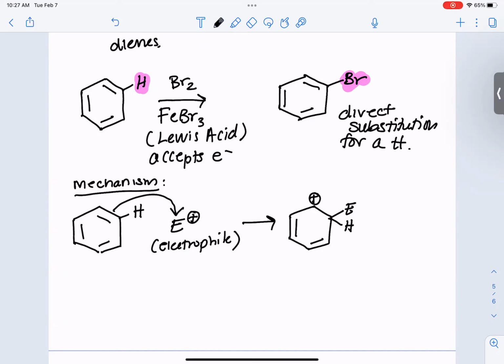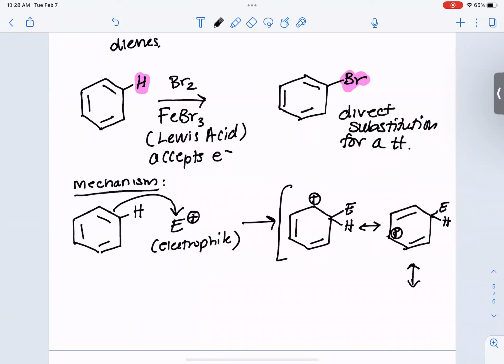I said this to you before: when a nucleophile adds to a ring, you get a negatively charged intermediate. When an electrophile adds to the ring, we're going to get a positively charged intermediate. So we can have resonance where we delocalize this charge around the ring.